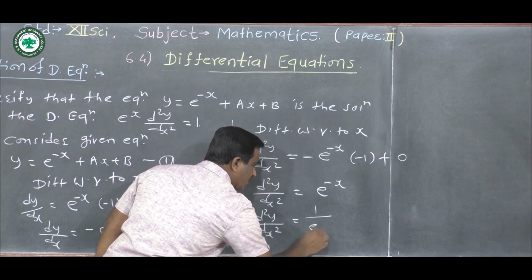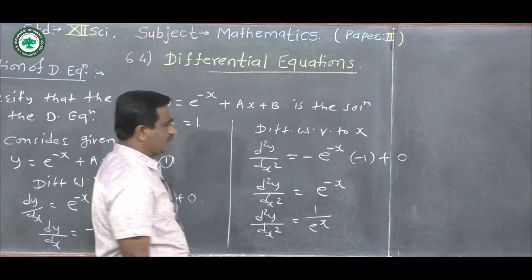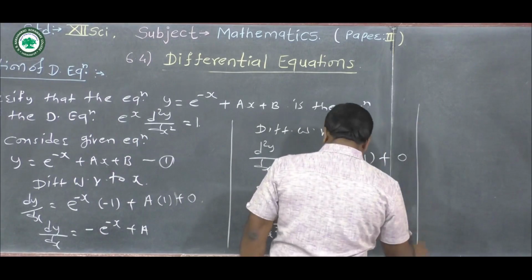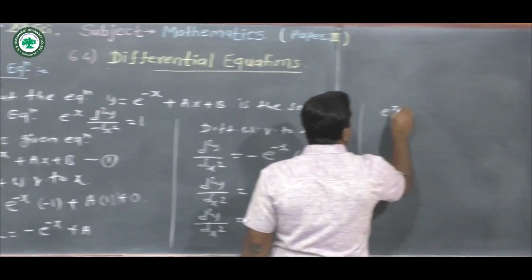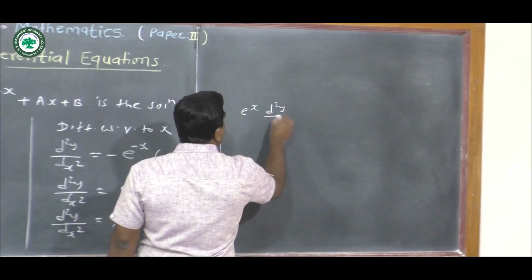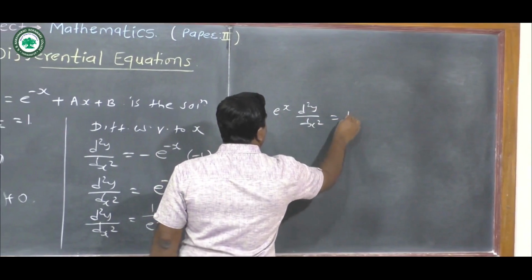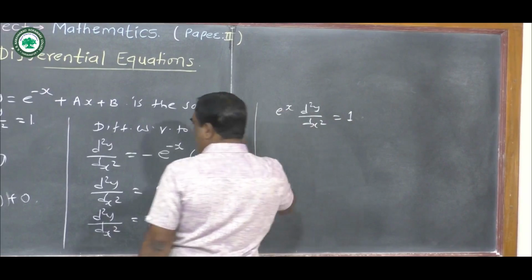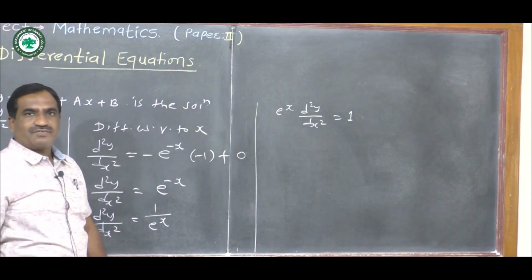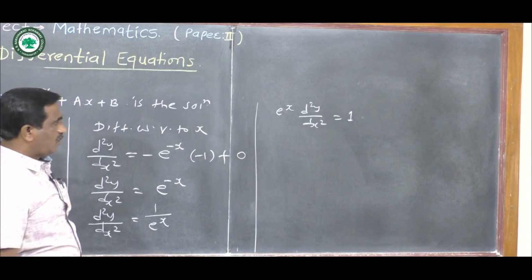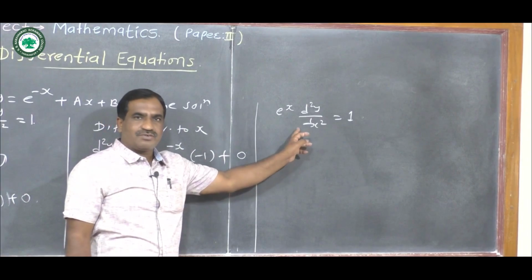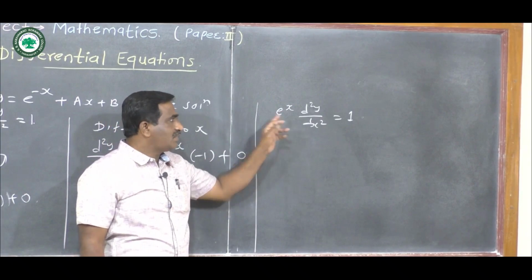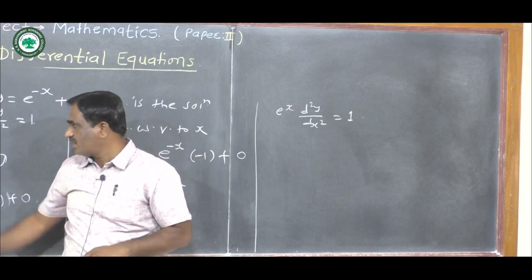That is, we can write d square y by dx square is equal to e raised to minus x, means 1 upon e raised to x. Now finally we can write here e raised to x into d square y by dx square is equal to 1. This is the required differential equation. Order of this differential equation is 2. Therefore this is the differential equation of the given relation.